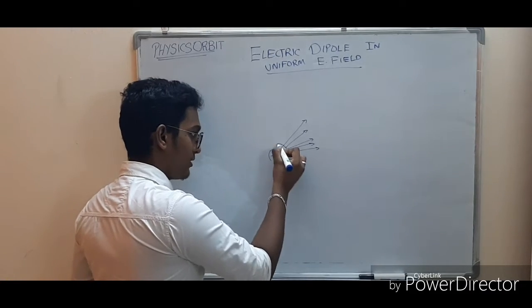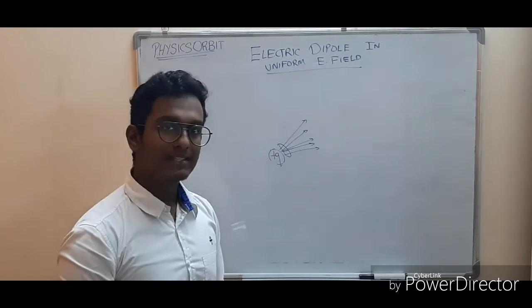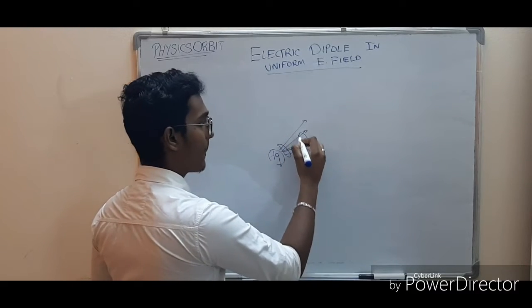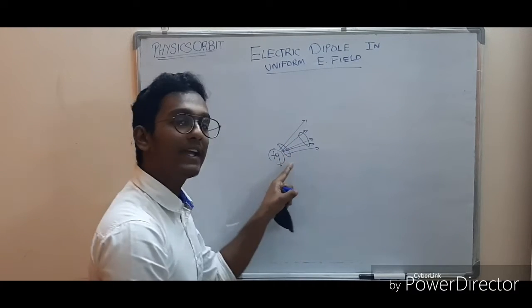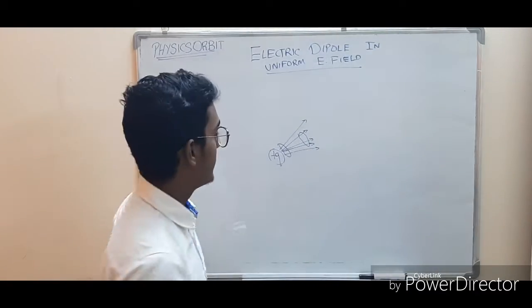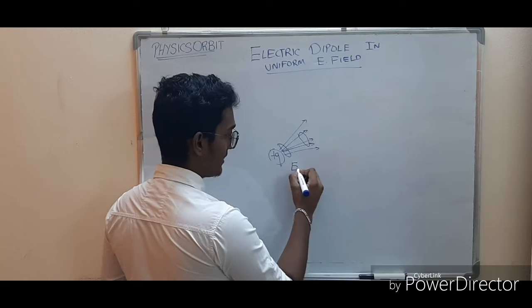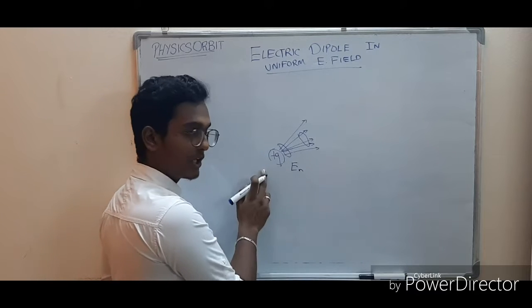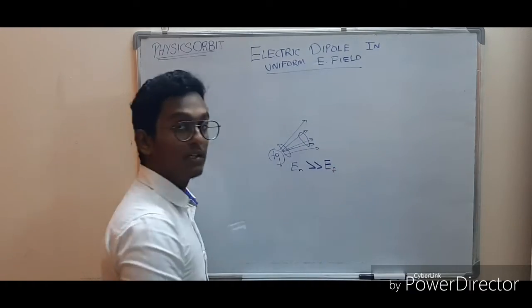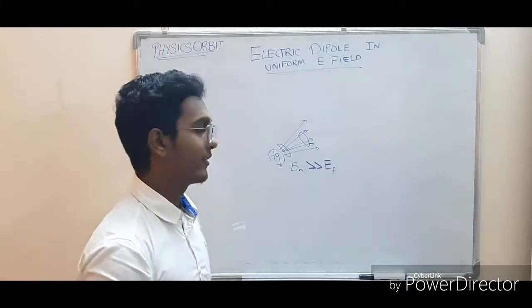Close to the charge, the concentration of electric field lines is much more than farther away. You can see over here 5 electric field lines are flowing, but over here only 3 are passing through that same area. So the electric field at the point nearer to the charge is much greater than the electric field at the farther point. This is why this is not a uniform electric field.